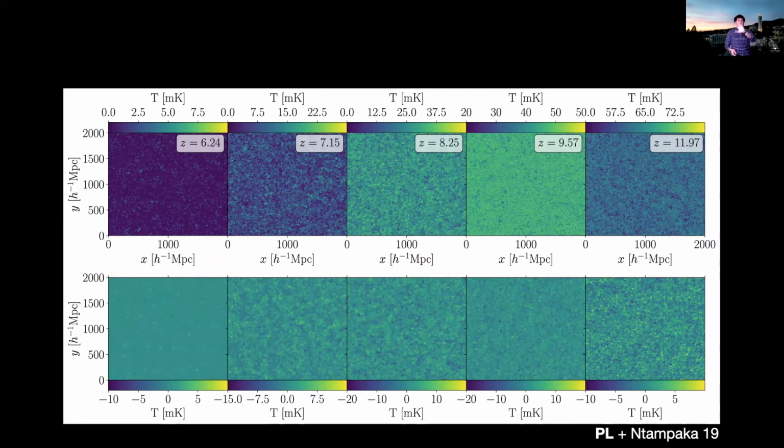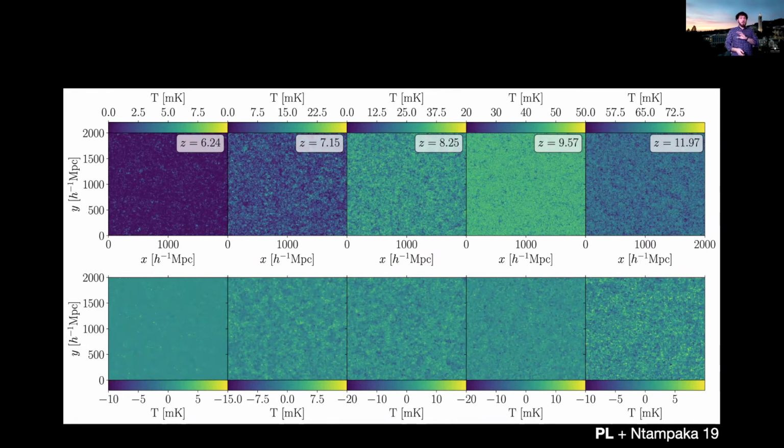I showed this image in a previous slide, but again, the top row is the output of the simulation, and the bottom row is that same input, but with the wedge filter applied. Remember, the wedge is this observational artifact that interferometers like HERA impart on data. So in order to work within the wedge in some sense, I've removed all of the data that would in principle be contaminated.